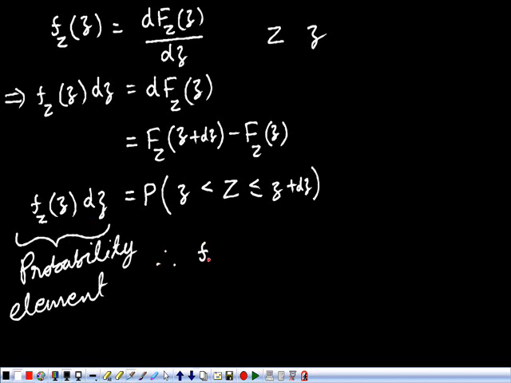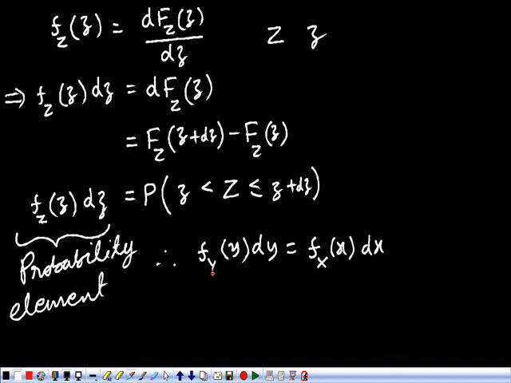So therefore, this fy of y dy is the probability element of the random variable y, and this is equivalent to fx of x into dx. How do we obtain this? From the previous relation.